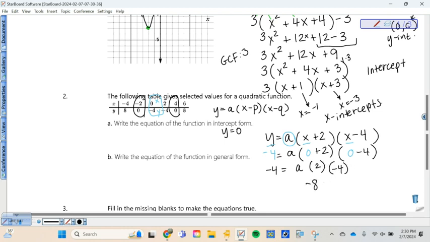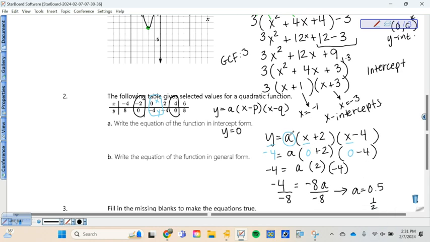So -8a equals -4. How do I solve for a now? Divide by what? Yeah, the -8. So what's -4 divided by -8? Yeah, 1/2. So that tells me that a equals 0.5 or 1/2, whichever way you want to write it.